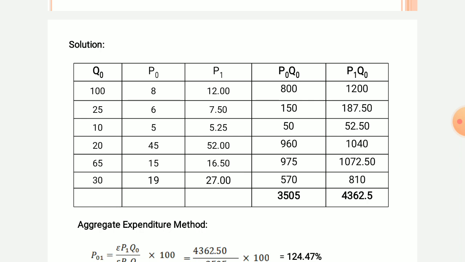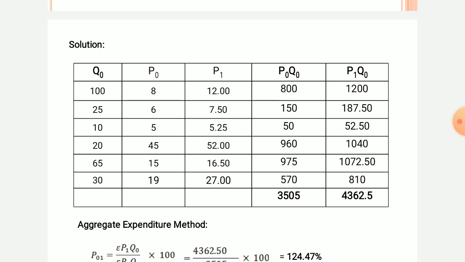On the basis of the given first three columns, we can formulate another two columns showing P0Q0 and P1Q0. So P0Q0: 8 into 100 is 800, 6 into 25 is 150, 5 into 10 is 50, 45 into 20 is 960, and 15 into 65 is 975, and 19 into 30 is 570.